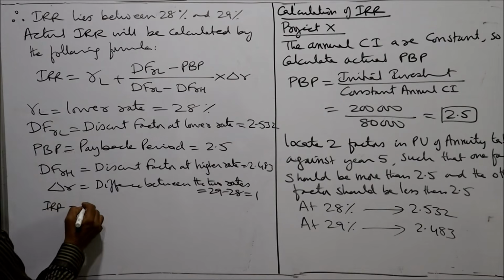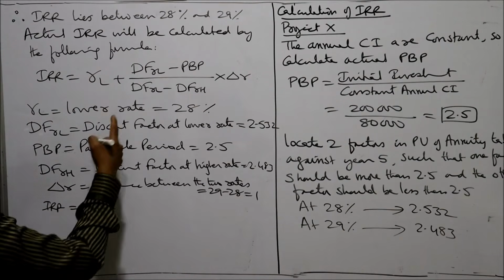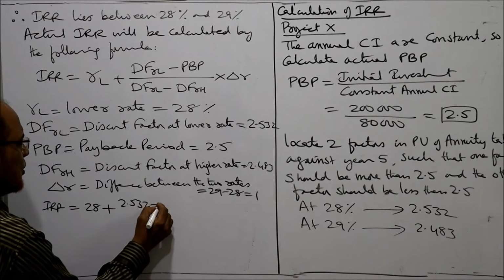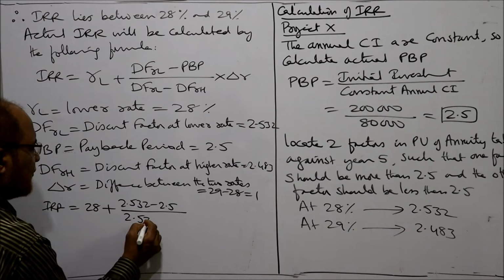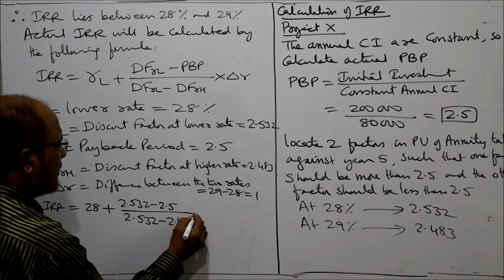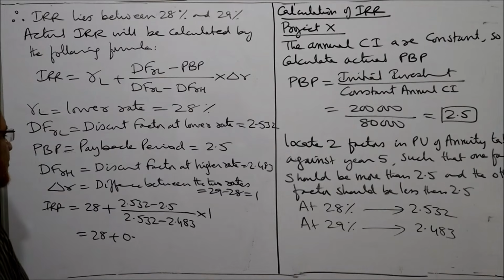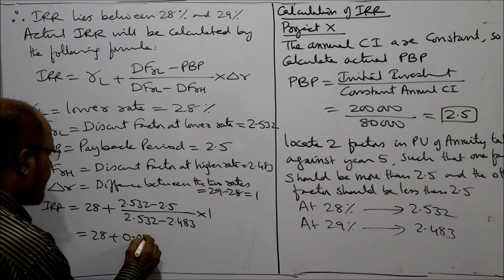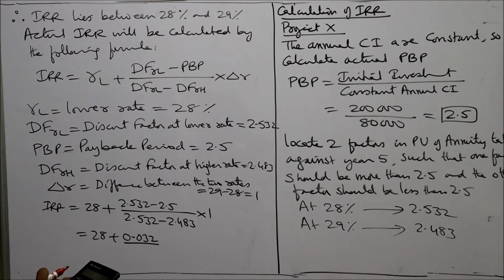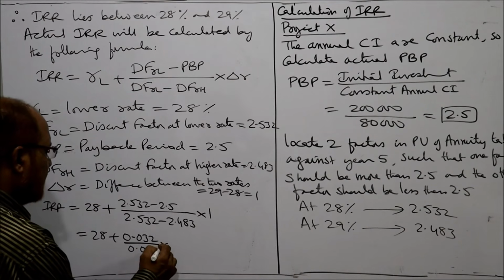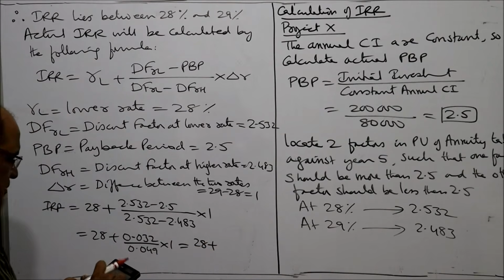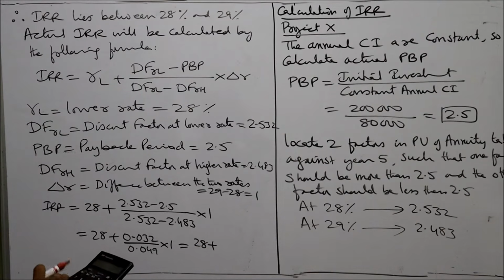So IRR is equal to RL, lower rate is how much? 28, plus discount factor 2.532 minus 2.5 divided by 2.532 minus 2.483 into 1. 28 plus 2.532 minus 2.5, 0.032, divided by 2.532 minus 2.483, 0.049, into 1. 28 plus 0.032 divided by 0.049.